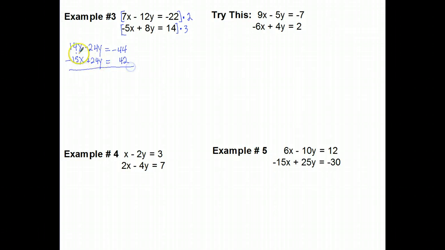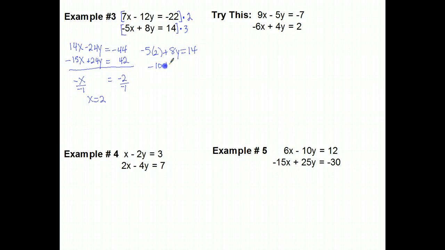So we add, we get negative x, and the y's add out just like we planned, and we have negative 2. Dividing by negative 1 to get x by itself, x is equal to 2. Plug that into either equation. Let's take the bottom one. Negative 5 times 2 plus 8y equals 14.